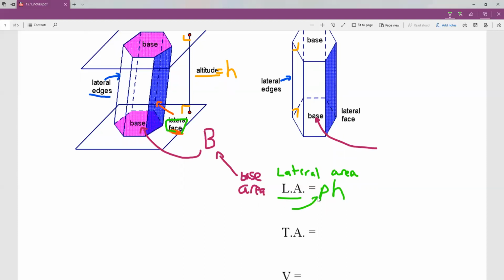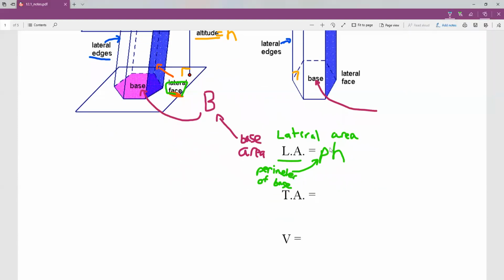This P here is the perimeter of the base. So you take the perimeter of the base, multiply it by the height, and that'll get you the lateral area. That's the area of all the faces.